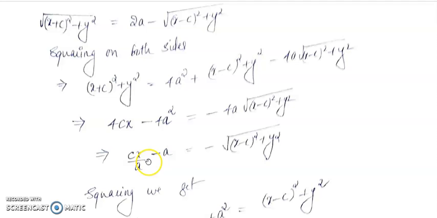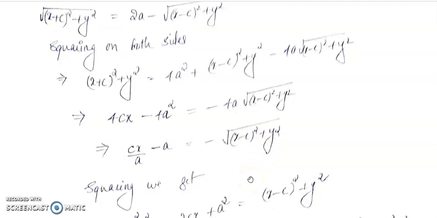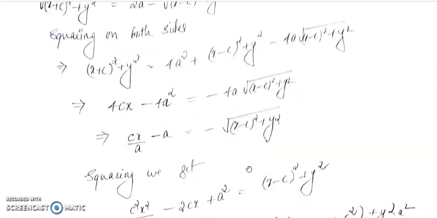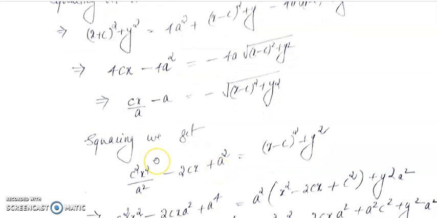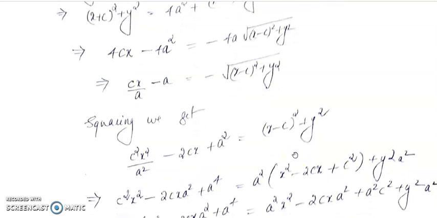So you will get cx by a minus a equal to minus root of (x minus c) whole square plus y square, and square again. So upon squaring you will get c square x square by a square minus 2cx plus a square equal to (x minus c) whole square plus y square.